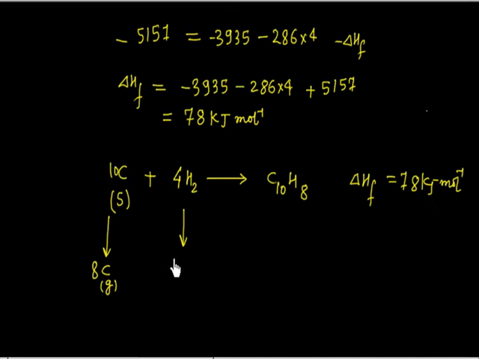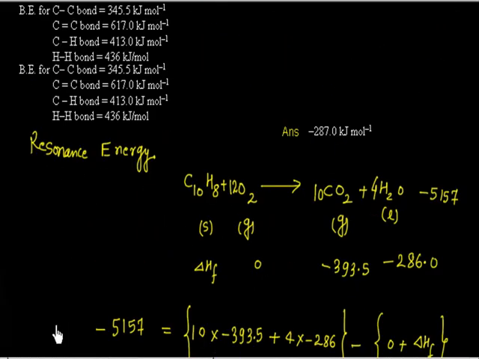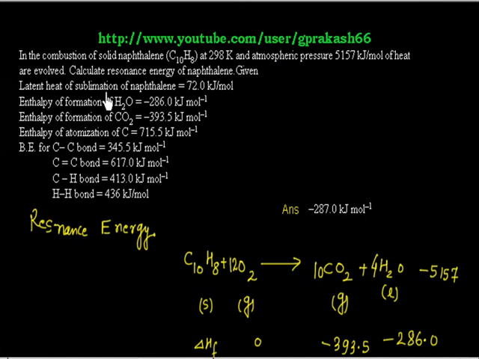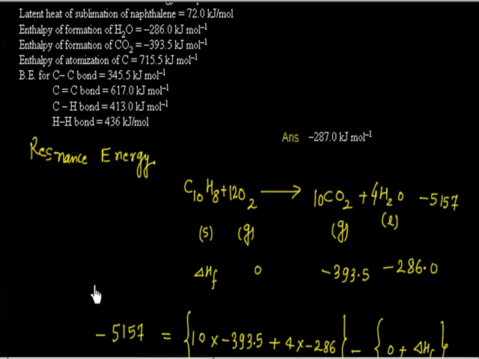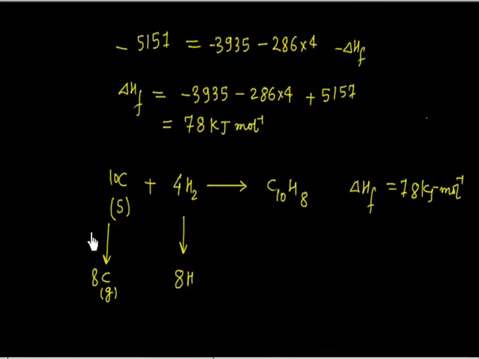This means I have to give some energy so that I will have 10 moles of carbon atoms and 8 moles of hydrogen atoms. The energy given for carbon is the atomization energy, or sublimation energy, of carbon, which is 715.5.